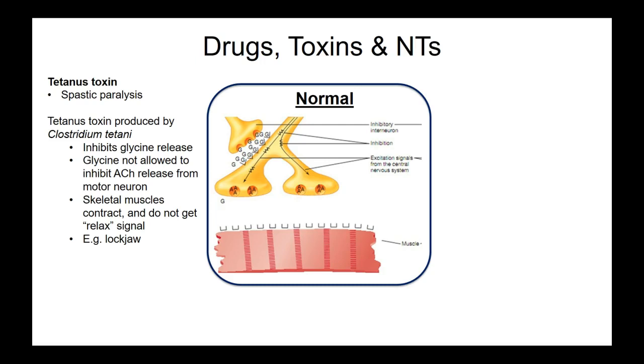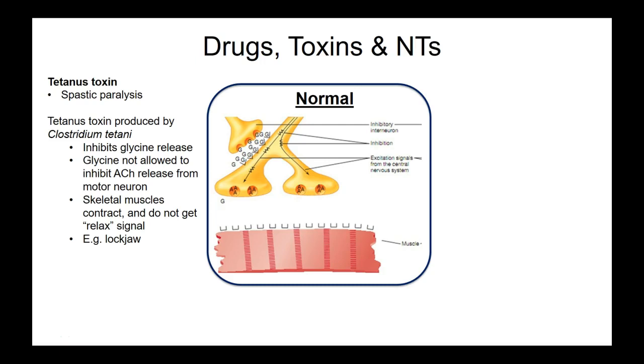We're just moving upstream, further away from the skeletal muscle, to the site of action for this toxin. So it inhibits glycine release. Glycine is not allowed to inhibit acetylcholine release, which means the skeletal muscle stays contracted, and it doesn't get the relaxed signal, and so here we can get things like lockjaw.